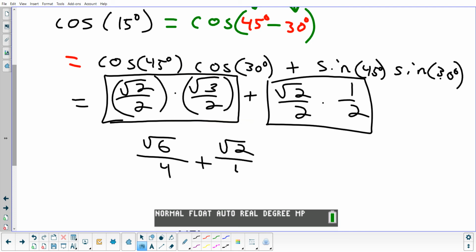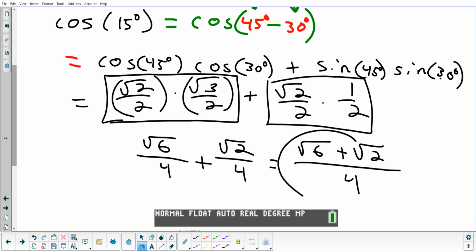And then the bottom is 2 times 2 is 4. Since they have a common denominator, you don't need to keep them as separate fractions. You should always take things that have common denominators and put them together. Square root of 6 plus square root of 2 over 4. And that's the exact answer for the cosine of 15.